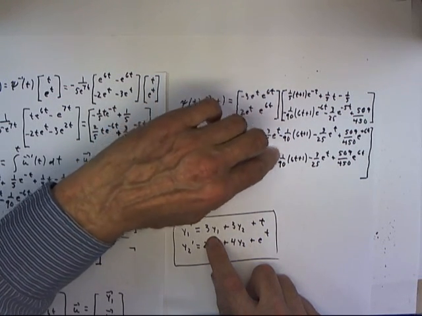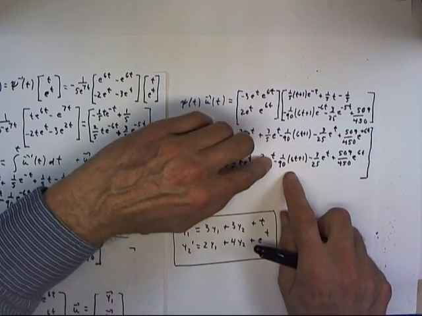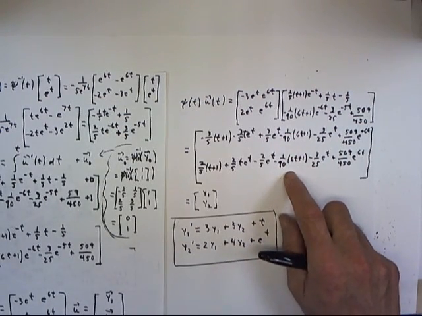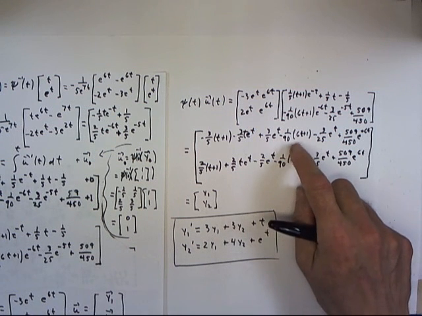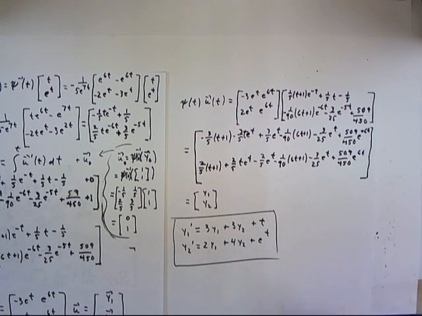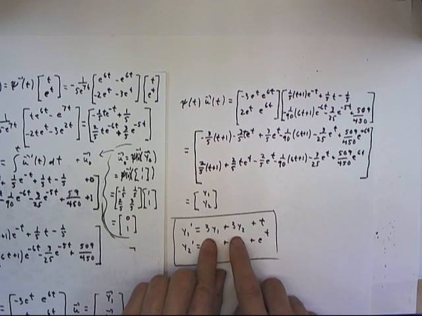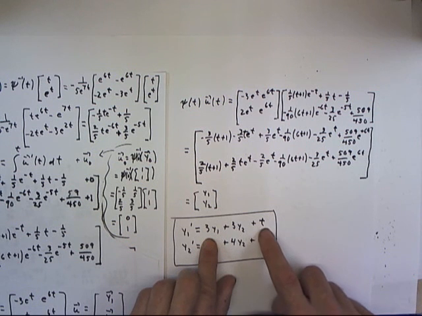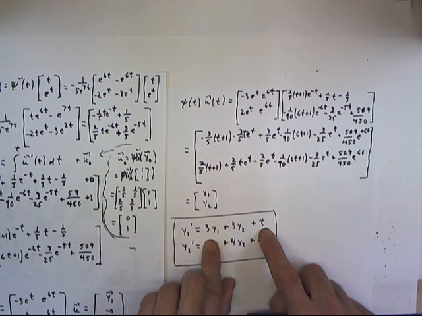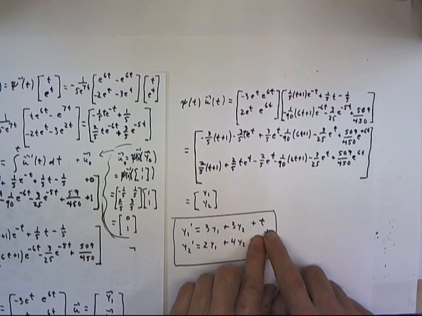Going to have a negative 1/5 from this, 1/5 t, a negative 1/5 t from here. So we have negative 3/5, a negative 1/5, and negative 1/5, which is negative t. So that 3y1 plus 3y2 is going to give us a negative t, which added to this t gives us 0. Why should that give us 0?